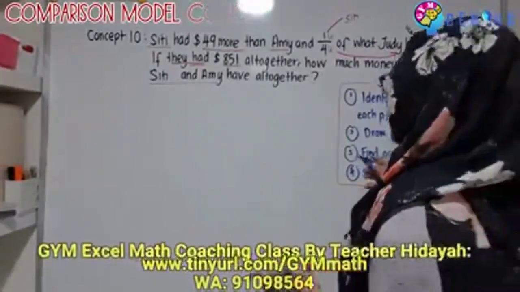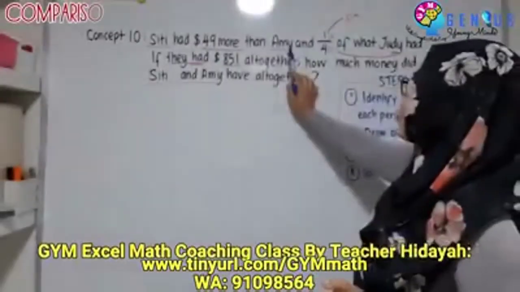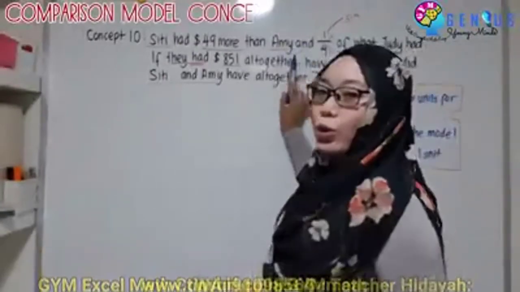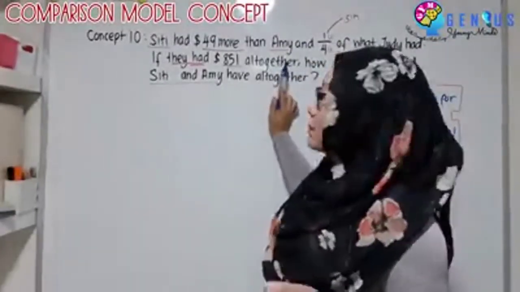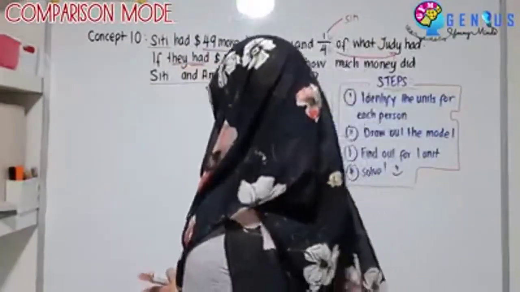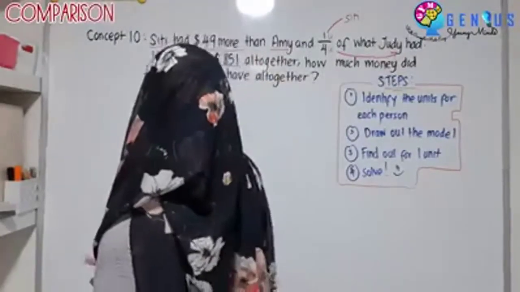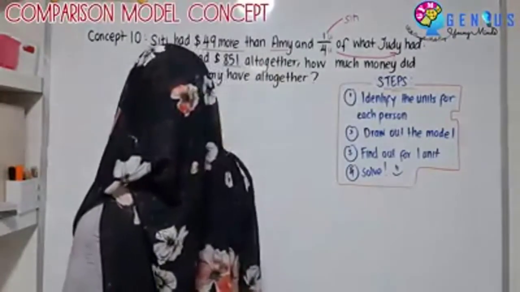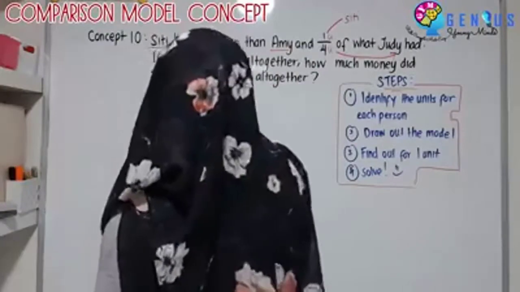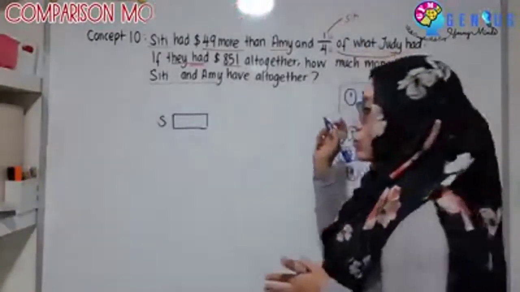Amy is the only person that we currently do not know how many units. If we start off with Siti had $49 more, I start off with Siti, since Siti had more than Amy, so I start drawing my Siti first. I draw 1. Why 1? Because I know 1 unit and 4 units is what Judy has.